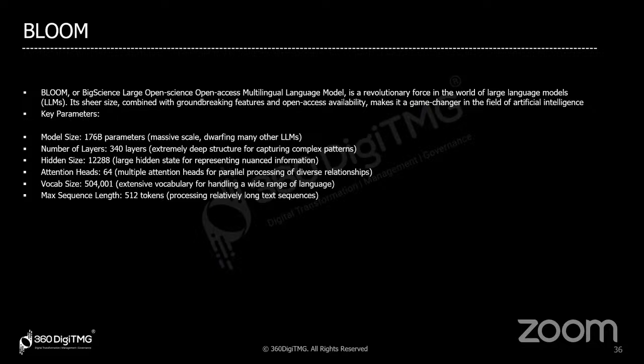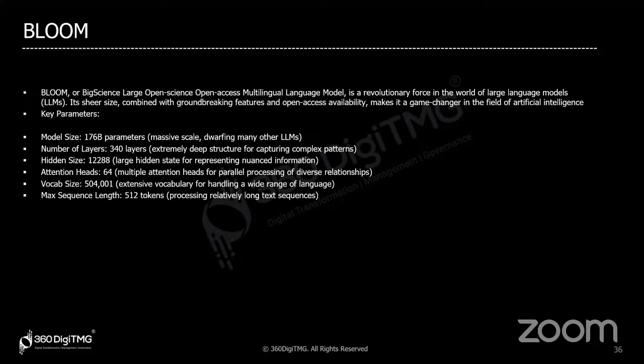Then there is Bloom. Bloom, or Big Science Large Open-science Open-access Multilingual Language Model, is a revolutionary force in the world of LLMs. Its sheer size, combined with groundbreaking features and open access availability, makes it a game changer in the field of artificial intelligence.